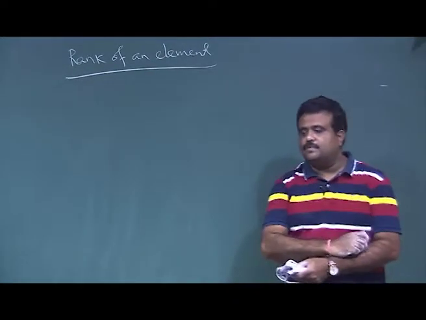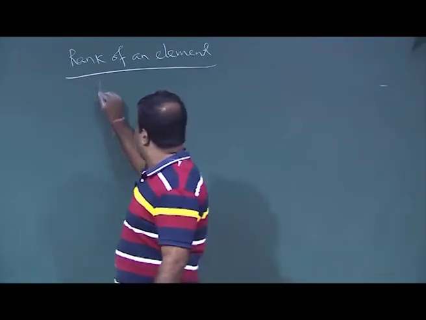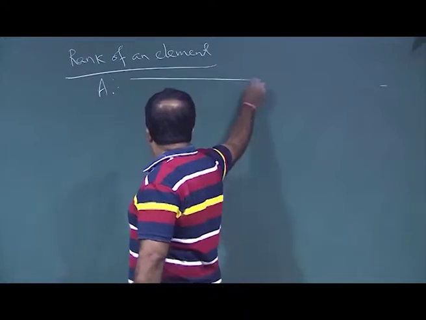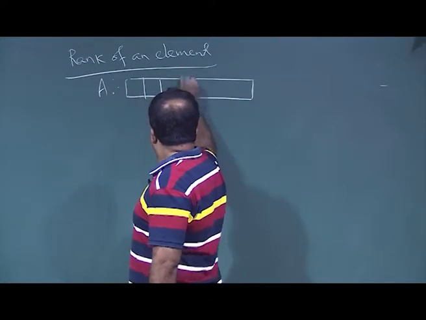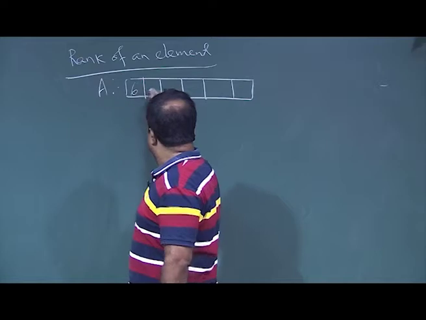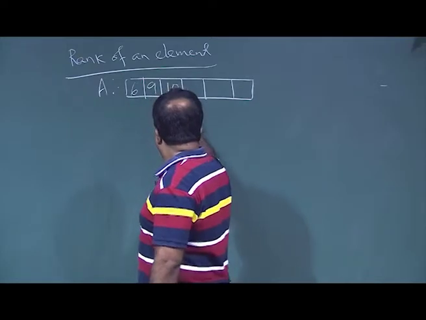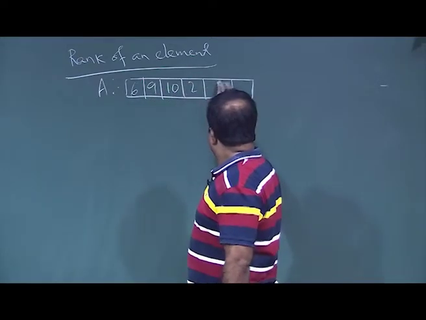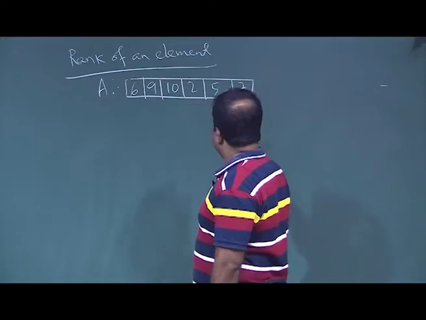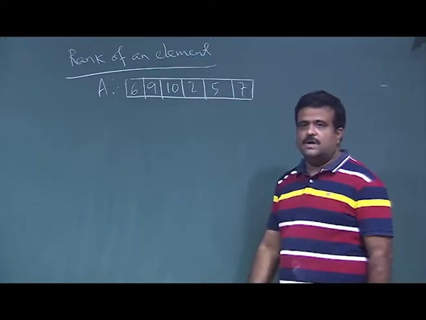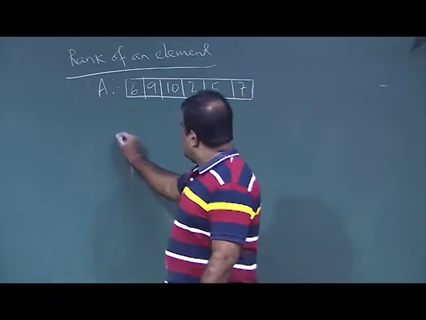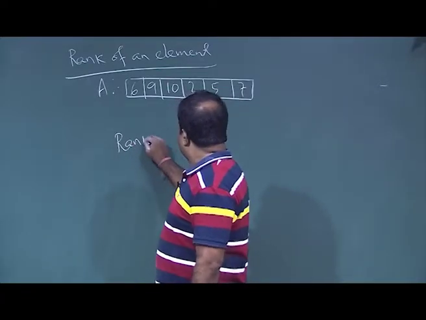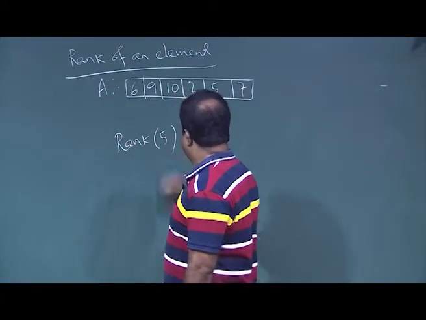Given an array of n elements, say 6, 9, 10, 2, 5, 7. We have these elements, so this is our input. Now, what is the rank of, say, 10, or the rank of 5?